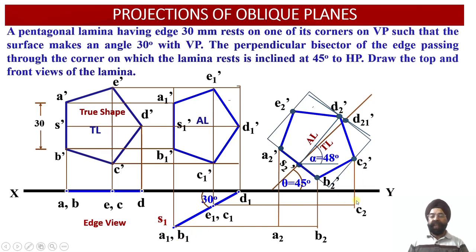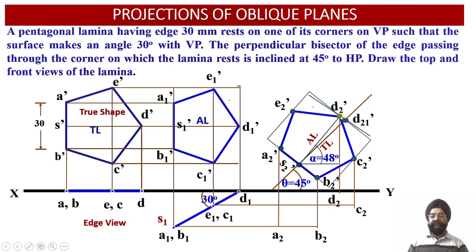Similarly, you have got c2 point obtained in the top view by virtue of intersection of the projectors. One projector we have drawn through the point c2 dash, so this is the vertical projector, and another projector we have drawn through the point c1, so this is the horizontal projector.